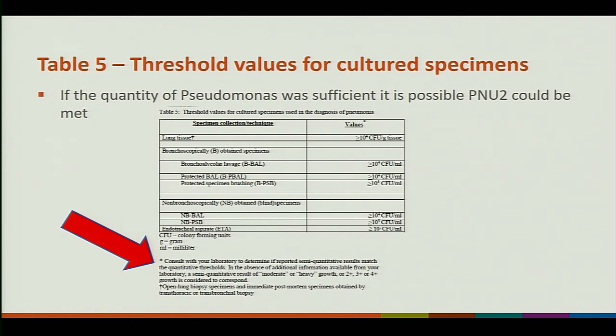And if your laboratory doesn't happen to report these specimen types using colony counts, you'll see the little note below, and we use the same transition or comparison in VAE. If the specimen is reported with a semi-quantitative result of moderate, heavy growth, many, 2+, 3+, 4+, depending on how your lab quantitates, that will make the specimen eligible for use.